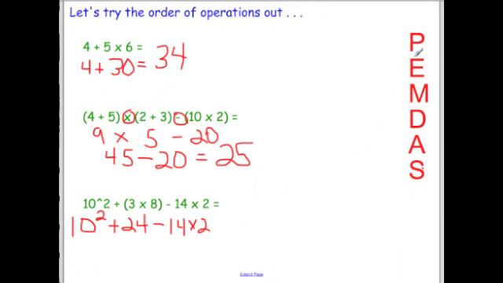To our right is our next step. So we see that we have an exponent, which is 10 to the second power, which means we take 10 times itself. So 10 times 10 is 100. Plus 24, minus 14 times 2.